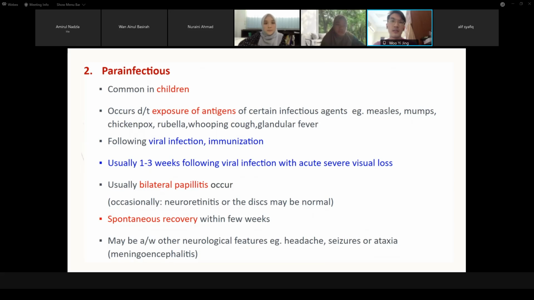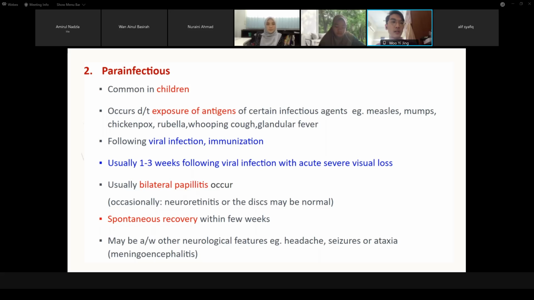Next, another cause is para-infectious. Para-infectious is most common in children. It occurs because of exposure to antigens of certain infectious agents such as measles, mumps, chickenpox, rubella, whooping cough, and also glandular fever. It can also happen following immunization or vaccination.